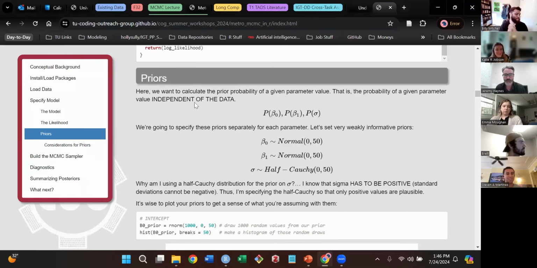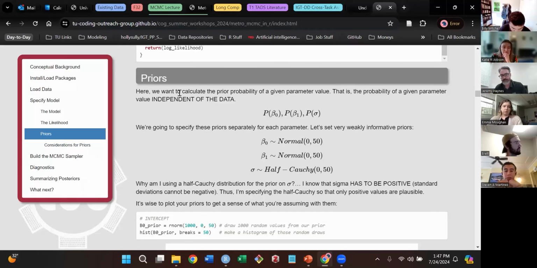Okay, so now we want to specify our priors. Here remember we're calculating the prior probability of a given parameter value independent of the data. Before we've even seen the data, what are the probabilities of some intercept value, some slope coefficient, and some standard deviation? Again, the easiest way to represent this is with probability distributions.